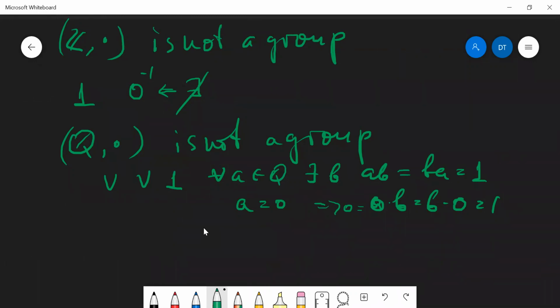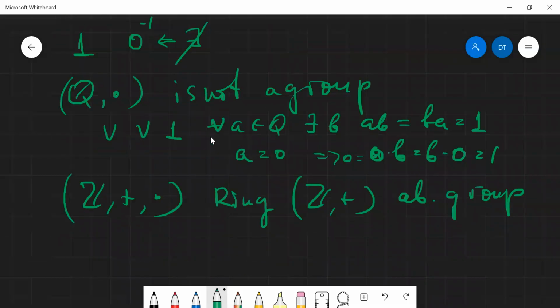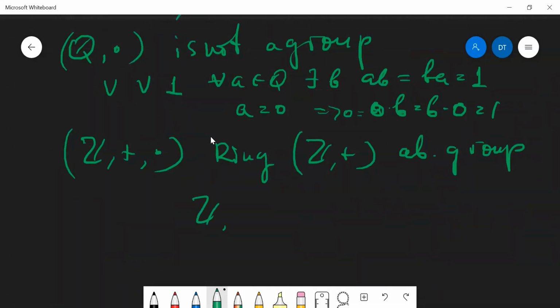A ring must have two operations. Yes, you always must have two operations. So Z with addition and multiplication is a ring. Yeah, this is a ring. Z with only addition is just an abelian group. And if you take Z with only multiplication, it's not a group.